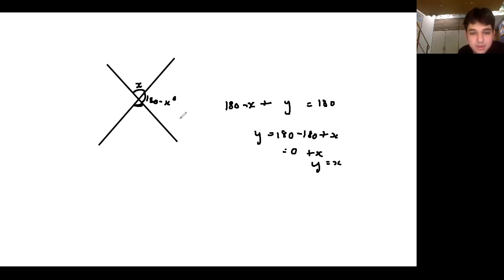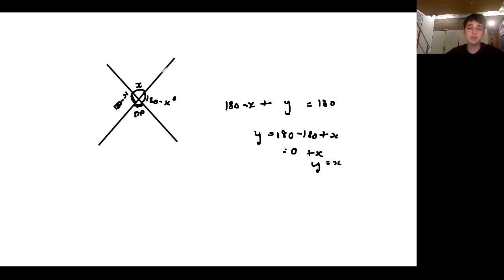So now, therefore, this angle would be x degrees as well. Fine. And again, in the same way, applying the same concept, these two angles would also be supplementary because they also lie on a straight line together. So then this would be again x, and this would also be 180 minus x.